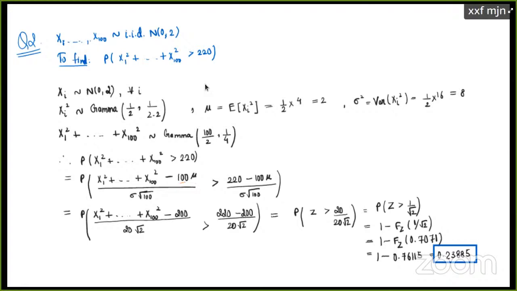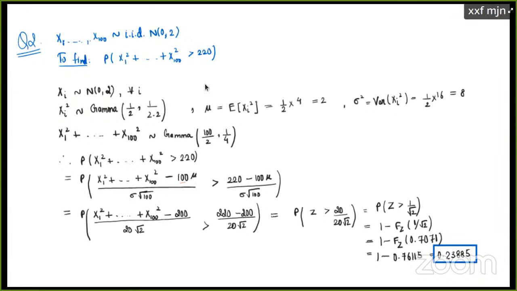Now same, we have x1, x2 to x100, which is IID normal 0, comma 2. What we have to find is the probability that x1 square plus x2 square plus up to x100 square is greater than 220. Now, each xi is normal 0, 2 distribution, right?